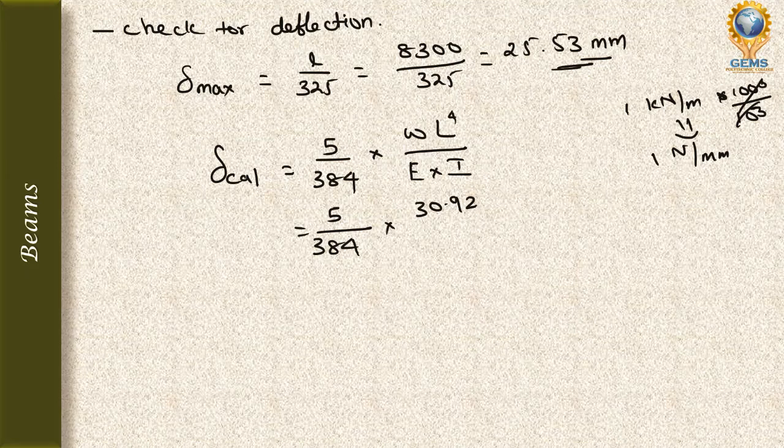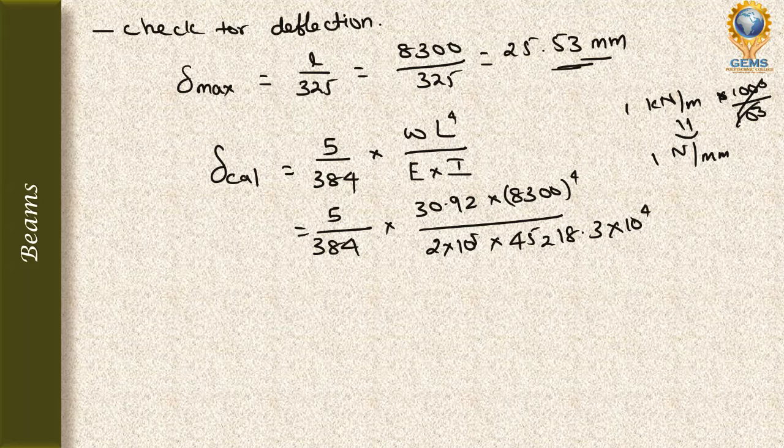So 30.92 into 8300 power 4 divided by 2 into 10 to the power 5 into the inertia value 45218.3 into 10 to the power 4. That is equal to 21.21 mm.